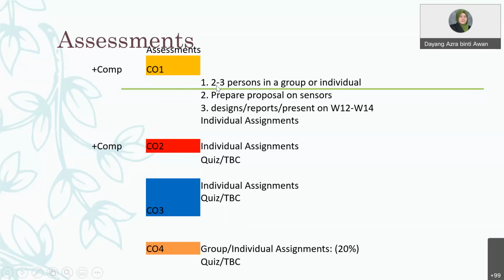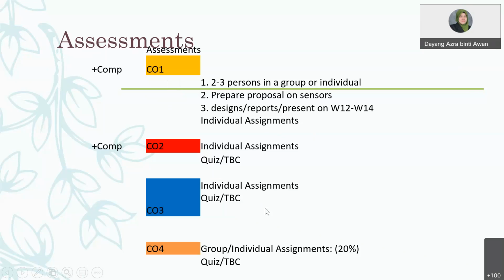You have your CO1 for individual assessment, individual assignments, which will be posted in the Ellipse. For example, sometimes I will not give you assignments, just a task in the Ellipse. Make sure that you do it in the Ellipse and submit it on time, and that will be calculated as your assessment. Please join the Padlet or the other Web 2.0 tools actively so that you can get marks.